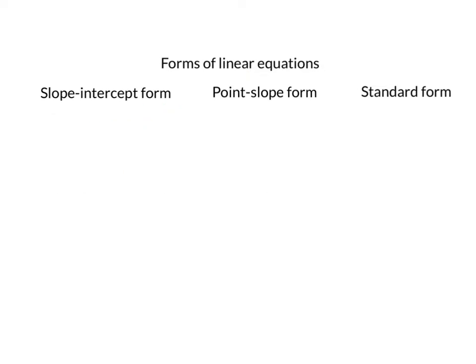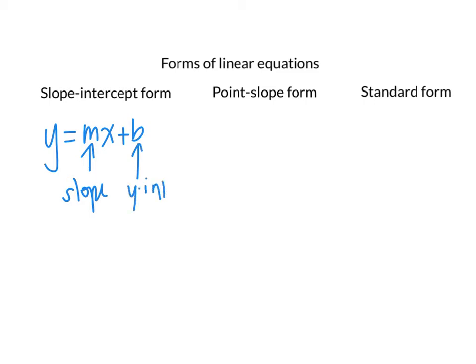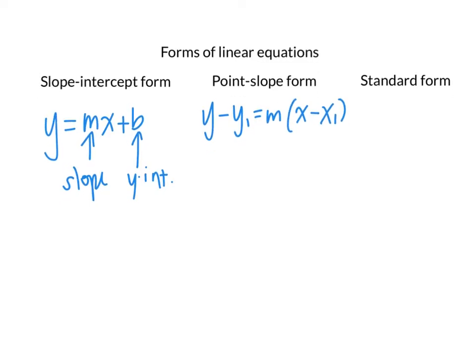+6. We're still going to be working with the different forms of linear equations as we discussed in the first video. Slope-intercept form is y equals mx plus b, where m is the slope and b is the y-intercept. Point-slope form is y minus y1 equals m times x minus x1, where m is the slope. And we have the point x1, y1.